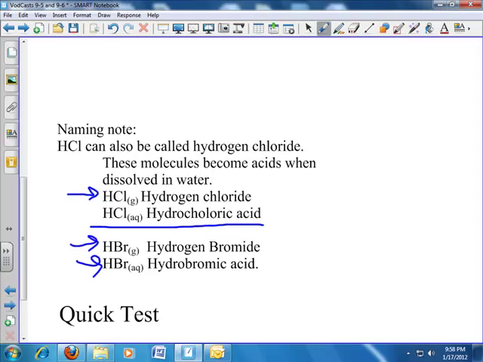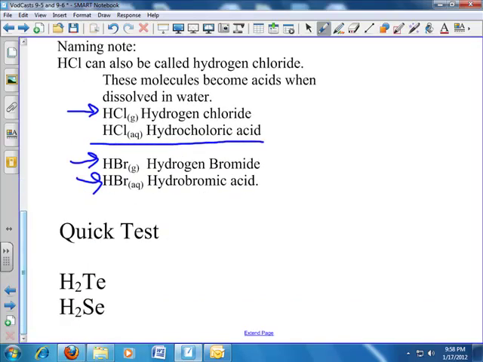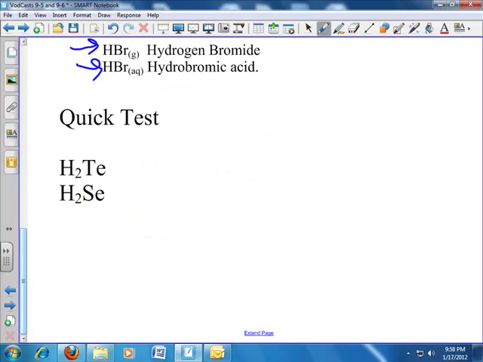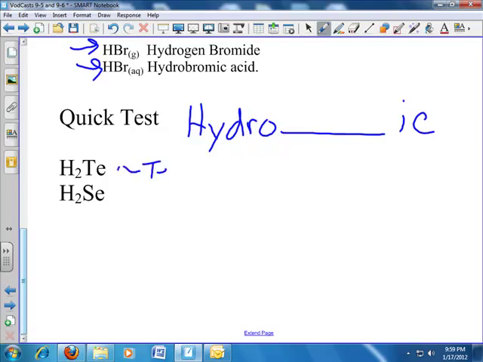Okay, and I have a little quick test here then. So naming wise, take these two compounds and see if you can name them. We're going to use the prefix hydro. We're going to use the root word and we're going to put an ic on the end of it. So hopefully you realize that Te is tellurium.